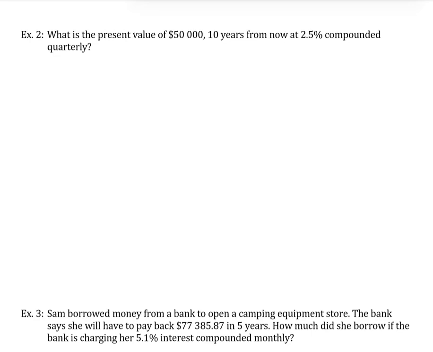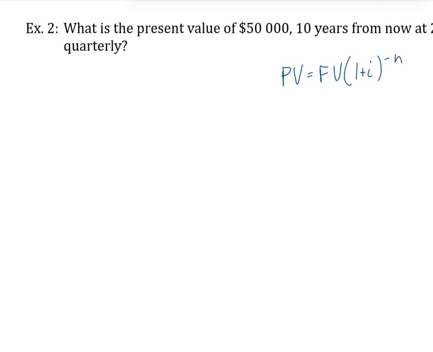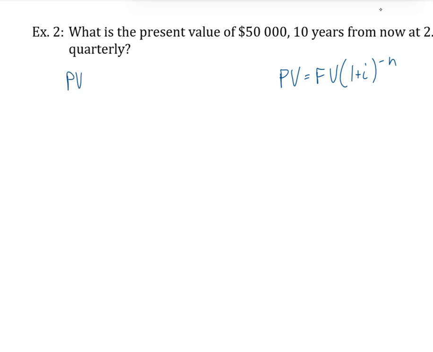What is the present value of $50,000 10 years from now at 2.5% compounded quarterly? Again, it's a little bit of awkward wording, but it does just come out and say present value. So $50,000 in 10 years, what is it worth today? So we're looking for present value. The future value is $50,000.